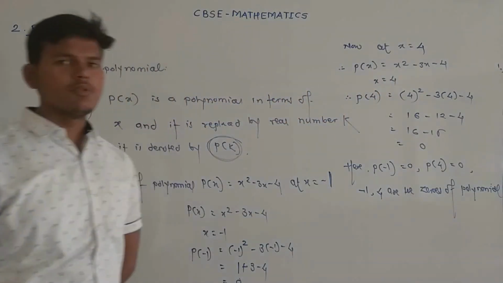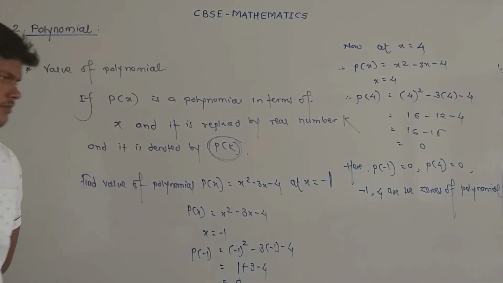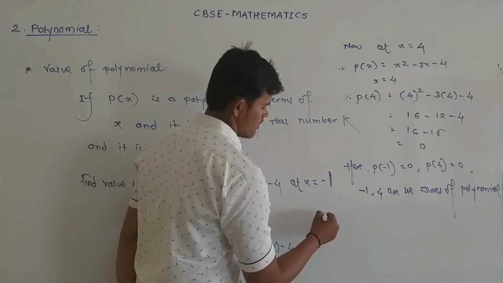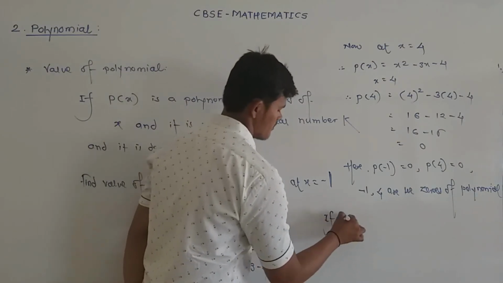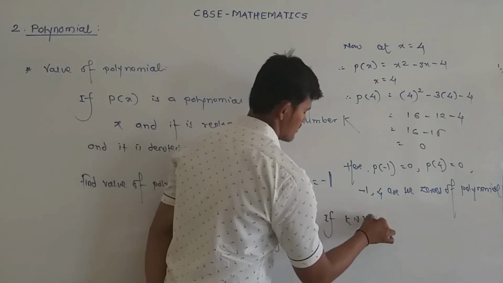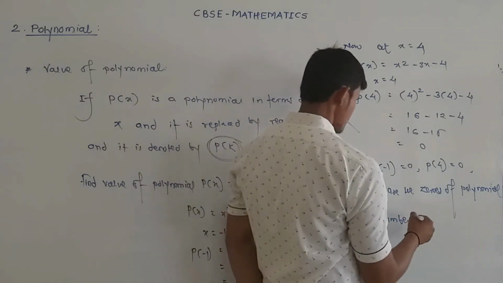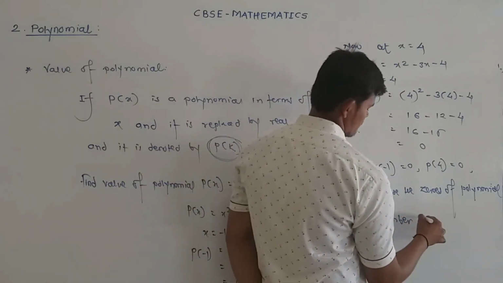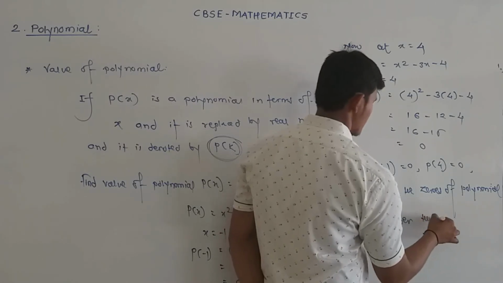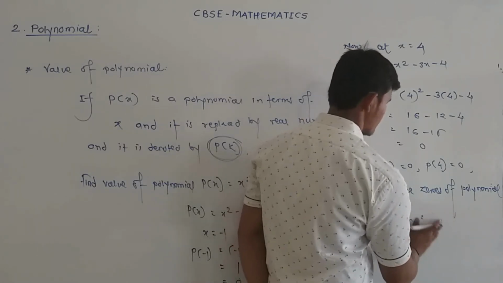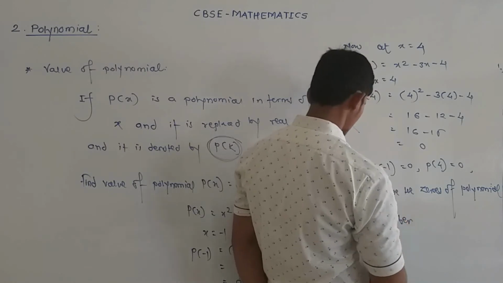Then what is the meaning of zeros of a polynomial?